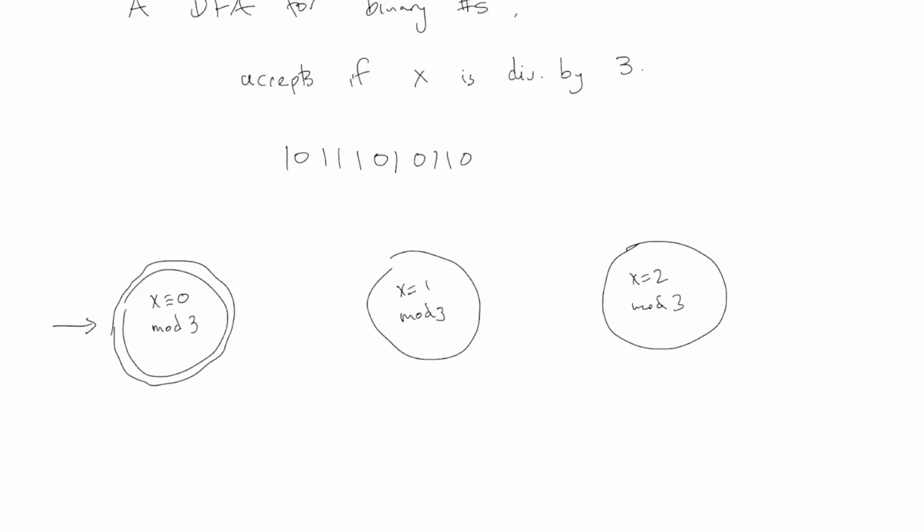Every symbol that you read is either a 1 or a 0. And you have to think about when you read a new digit of this number, a new bit, as they say, how does that affect the value of the number that you're talking about?